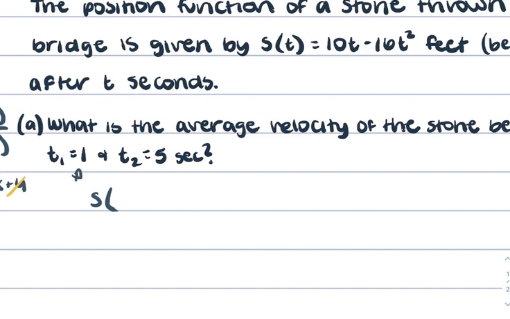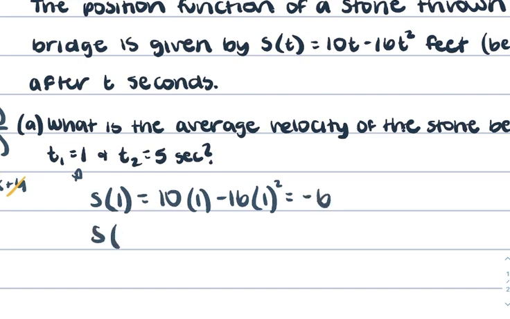So the first position is 1. S of 1 equals 10 times 1 minus 16 times 1 squared, which is still 1, equals negative 6.